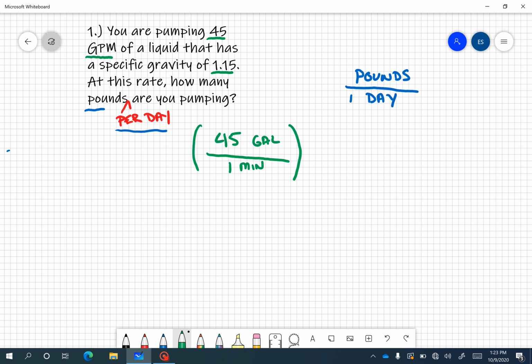And now I need to know how many minutes there are in a 24-hour day. Of course, there are 60 minutes in an hour, and then 24 hours in a day. So 60 times 24 comes out to 1,440 minutes in a day.